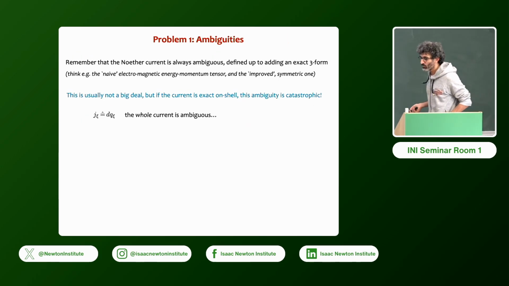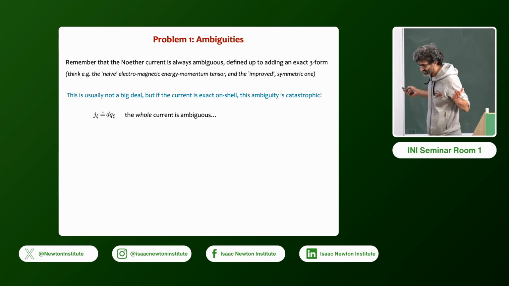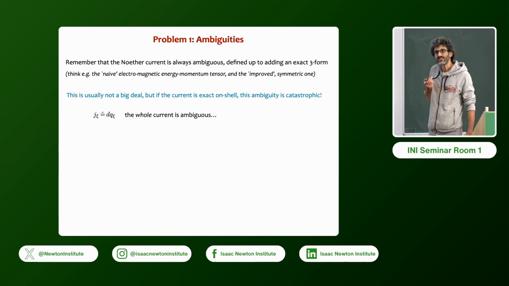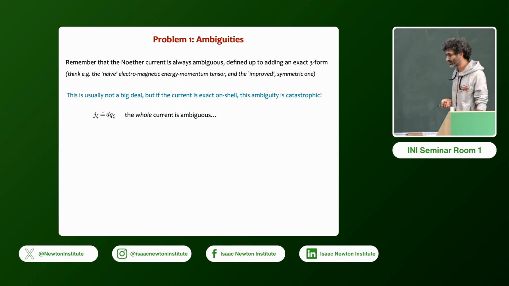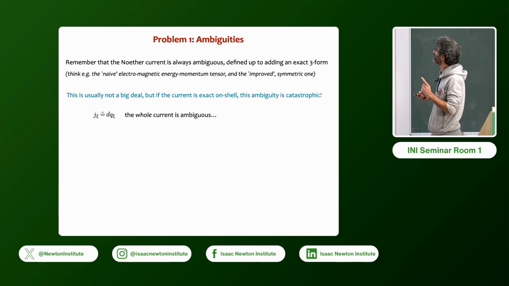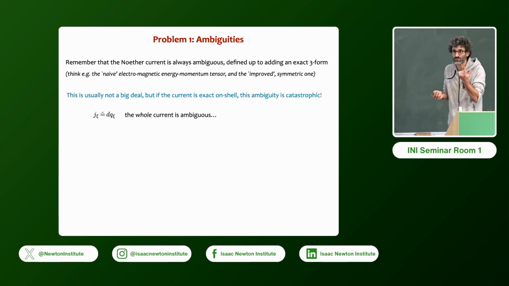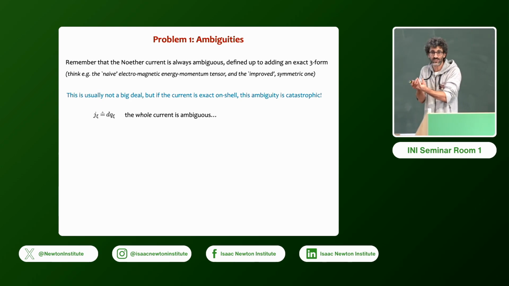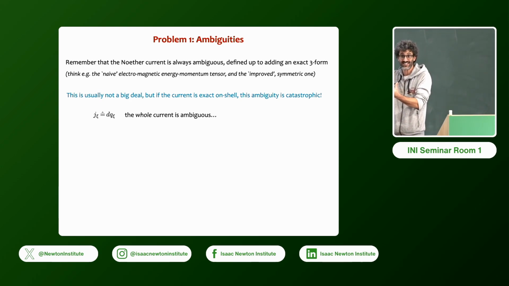So why people haven't done this already back in the 60s? Well, because there are actually difficulties in applying Noether theorem to this context. And there are two very important difficulties. The first one is ambiguities. You might remember that Noether theorem doesn't give you a unique conserved current. The conserved current is defined up to adding an exact form.